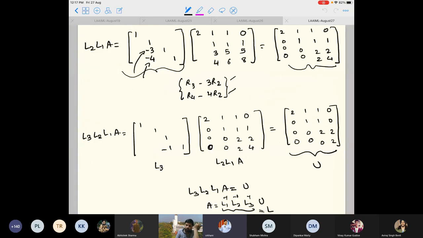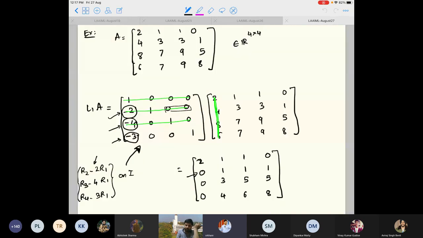This is exactly how you chose L1 in your example here, right? This is how you chose your L1. So these numbers 2, 4, 3 are actually L21, L31 and L41, which are equal to 2, 4 and 3. So what is the matrix L1?